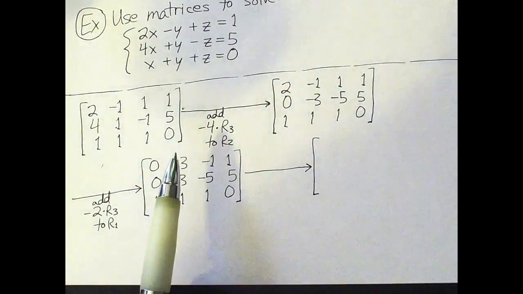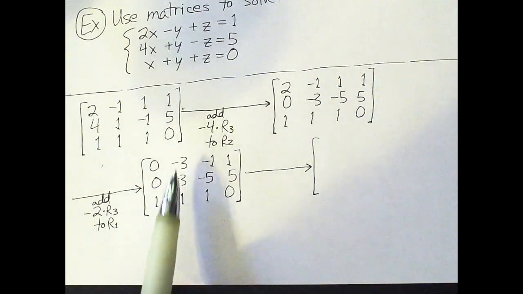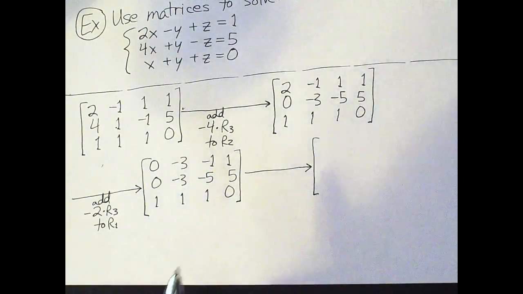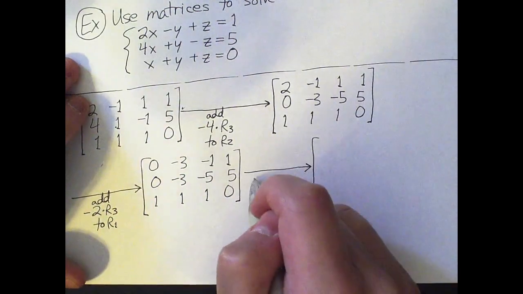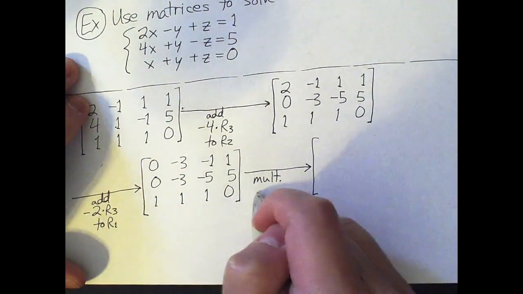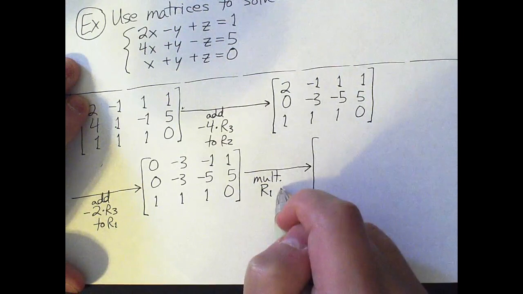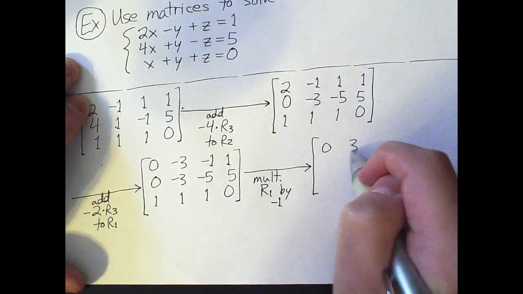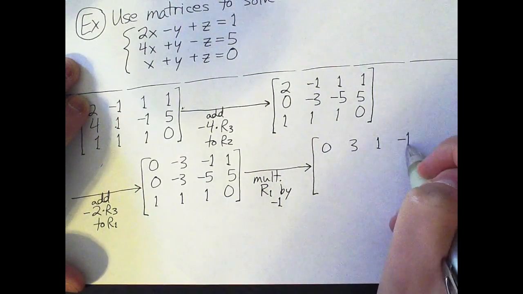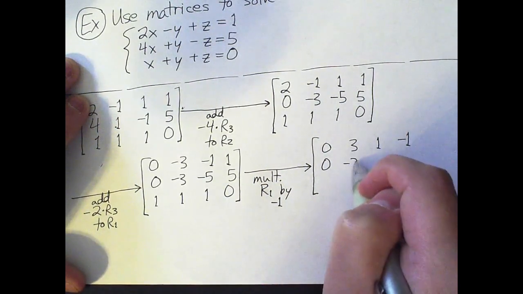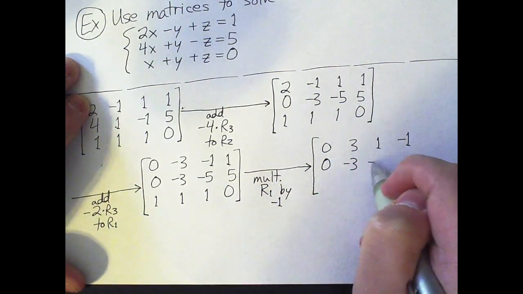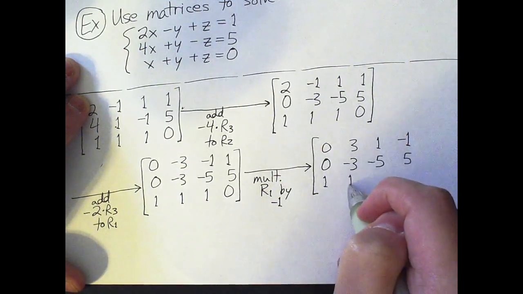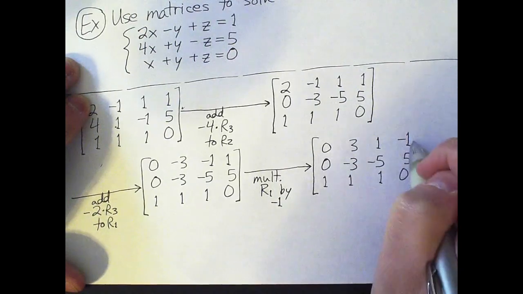But I saw this negative 3 and this negative 3, and I thought, those line up really nicely. It's going to be nice if I add one to the other. But I decided to multiply row 1 by negative 1. You might not do that step if you don't want to. Do you consider this to be simpler? Maybe it's about the same, but I thought that might help.